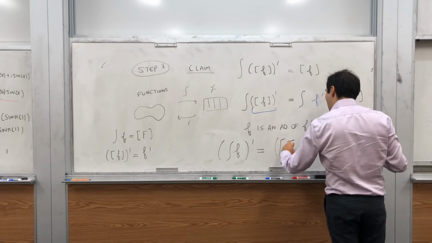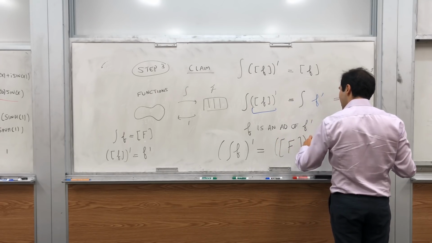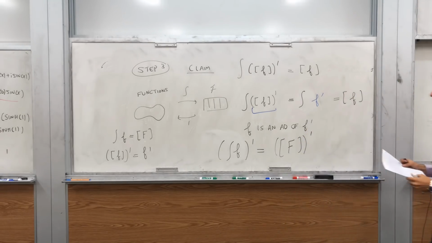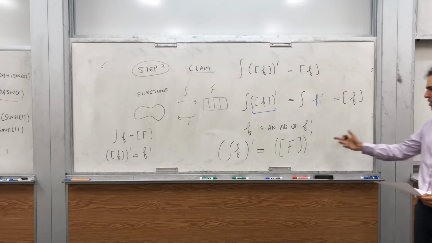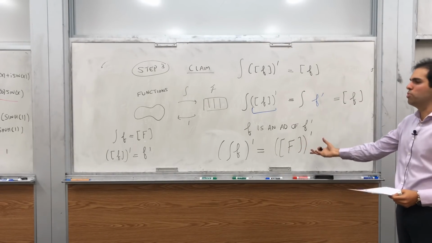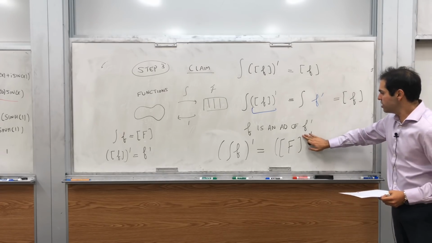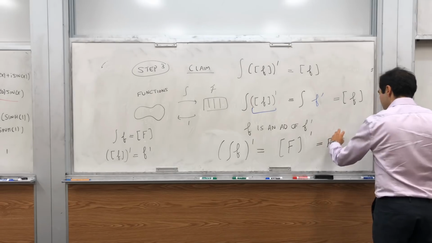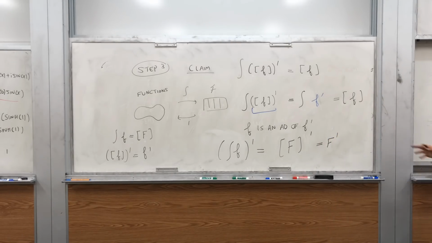You just take an antiderivative of f, and you take the country. So by definition of the superintegral, this is what it is. And then all you do, by definition of the superderivative, you just take the derivative of capital F. And again, this is well defined.